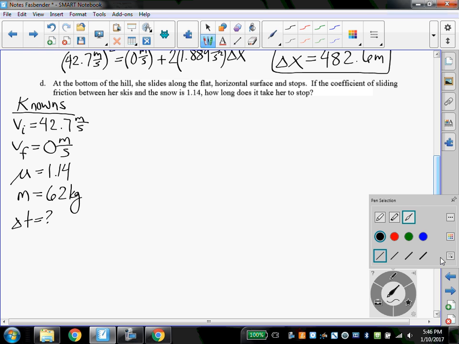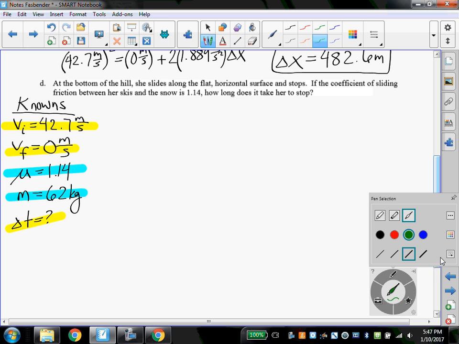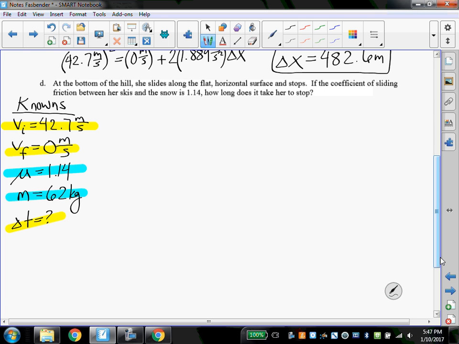This looks like a real Unit 3, Unit 5 combo problem, because you've got your stuff about motion. We've got our stuff that deals with forces, and we are not given an acceleration. So that means that the first thing we should do to solve this problem is probably try to find acceleration.